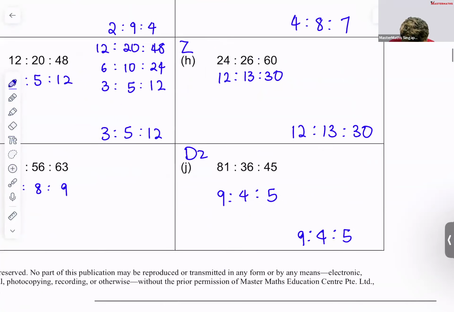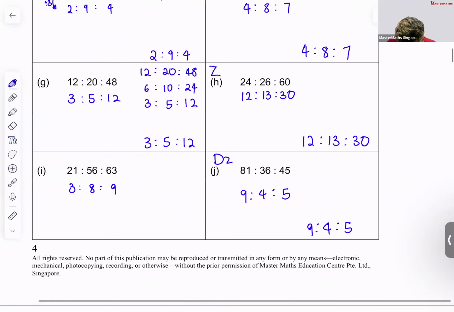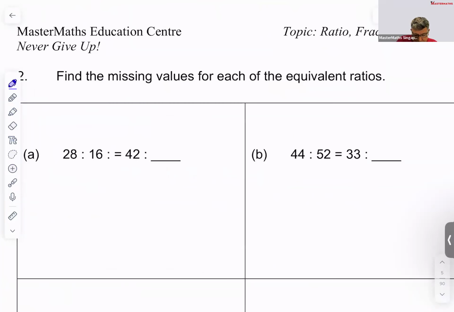Okay, the next one. Fill in the missing values for each of the equivalent fractions. So we have 28 to 16. Can you erase this symbol there? So I'm going to use my white, what do you call it? What do you like to use?